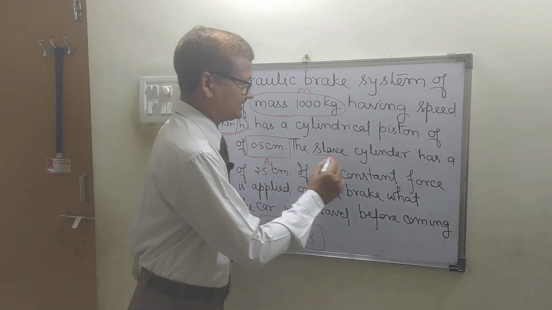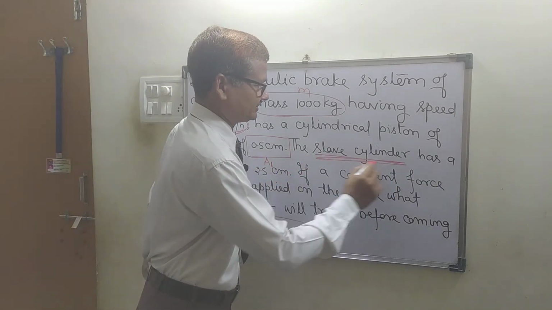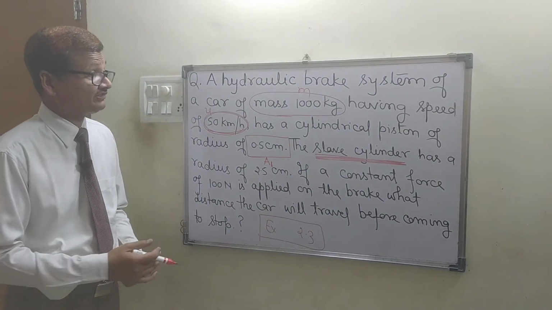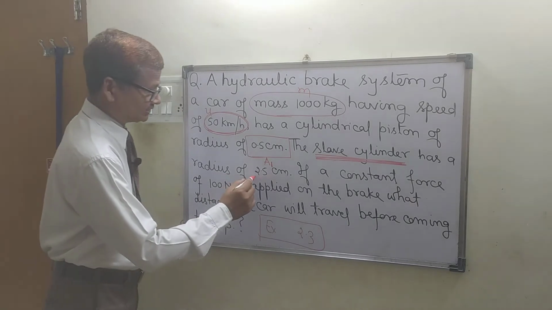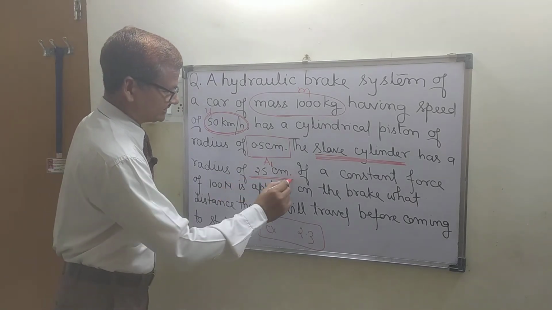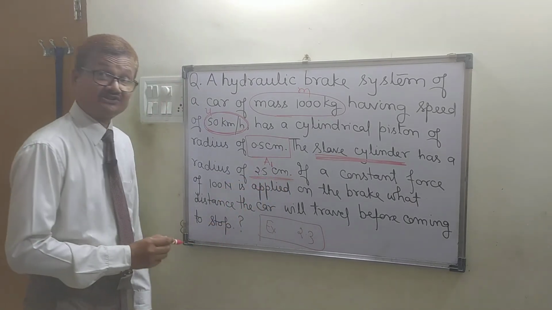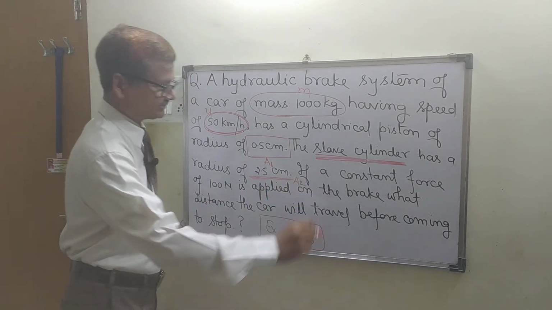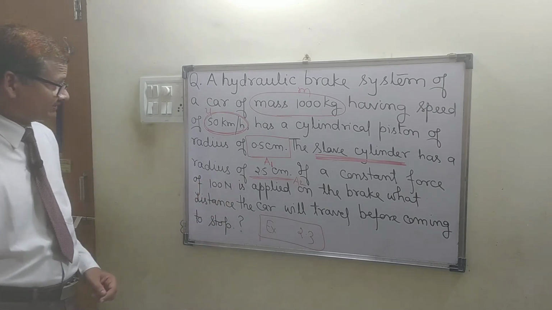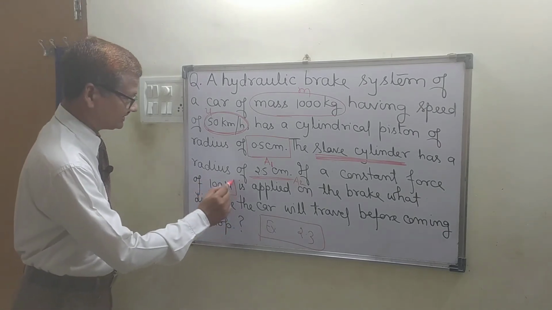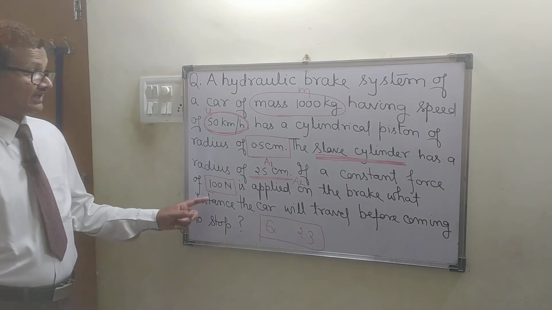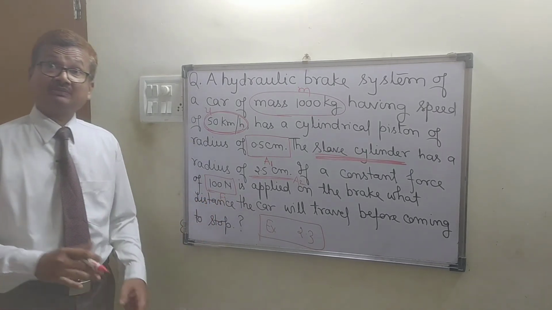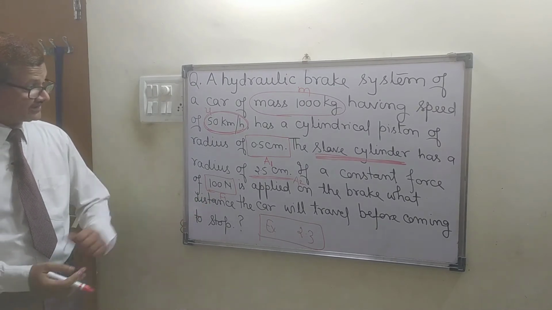The slave cylinder, मतलब जो व्हीकल के व्हील के साथ जुड़ा रहता है वह सिलेंडर को बोलेंगे स्लेव सिलेंडर, has radius of 2.5 centimeter. So this is the area of cross section of the slave cylinder. This will be represented by A2. If a constant force of 100 Newton is applied on the brake, so this force is F1. मतलब वह फोर्स जो पैडल के ऊपर अप्लाई किया जाता है वह फोर्स है F1.